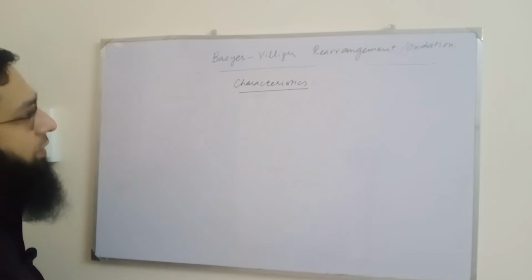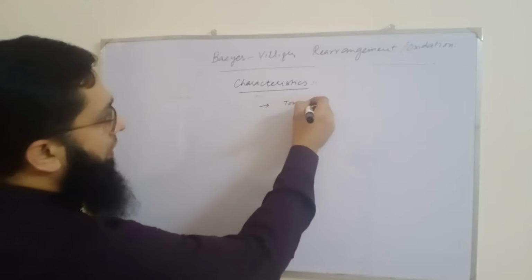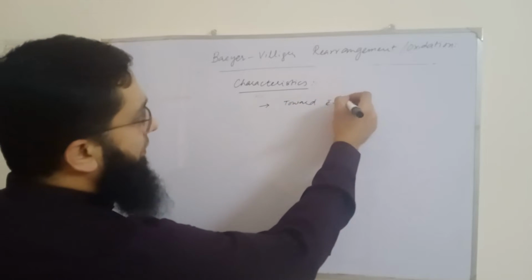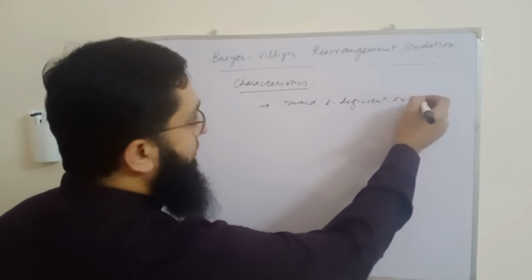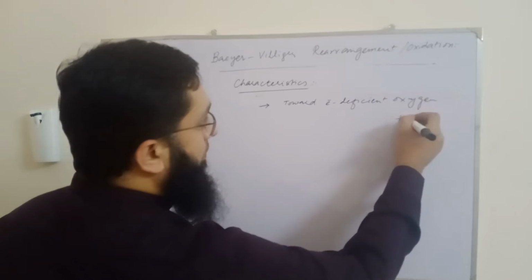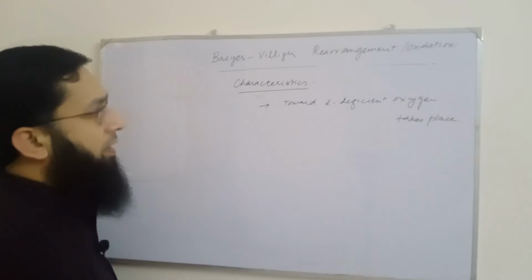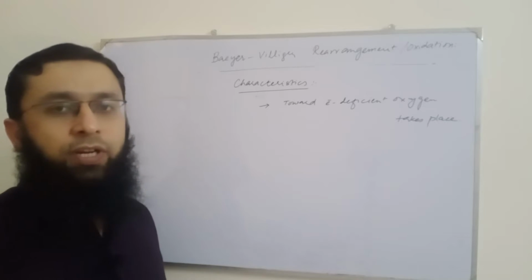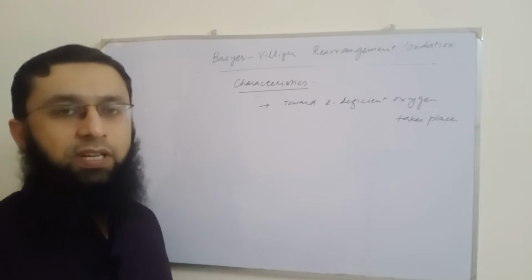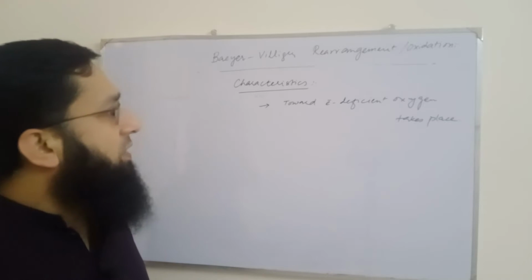So in this rearrangement, migration towards electron deficient oxygen takes place. In pinacol-pinacolone rearrangement, we saw that the electron donating group migrated with its electron pair towards the carbocation, and that was electron deficient.